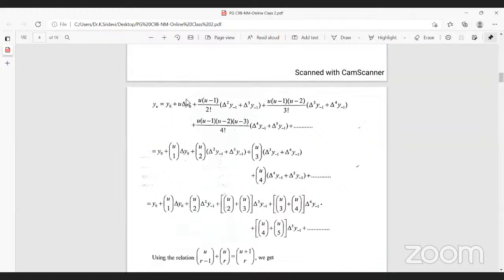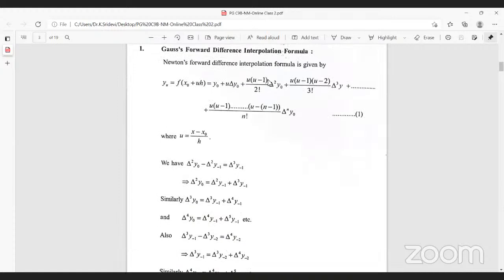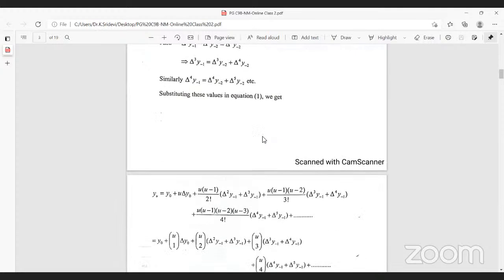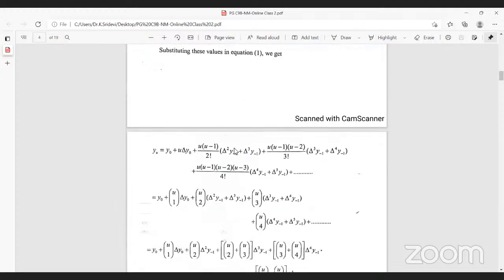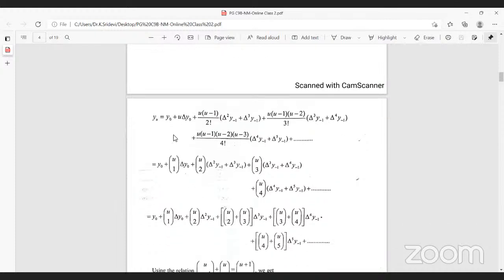This is the first term, and the second term is as it is. What is the third term in the formula? u into u minus 1 by 2 factorial delta square y naught. What is delta square y naught? This one, so substitute this expression here. And what is delta cube y naught? This one, substitute this expression here. After substituting all these values, we get the third term like this, the fourth term like this, the fifth term like this, and so on. Now concentrate here: y naught, the first term, is as it is.